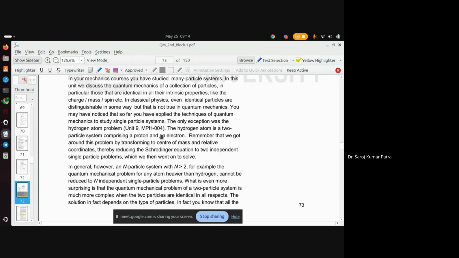But when you start looking at a proton and electron, or a two particle system, the helium atom, then you actually start thinking about more than one particle. So the natural question that comes to mind is, are those two particles distinguishable? Let's take a very simple example.